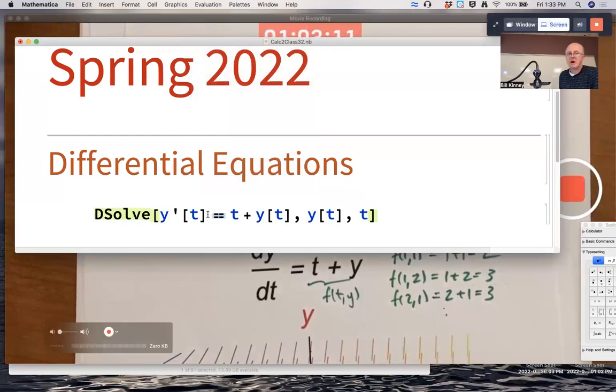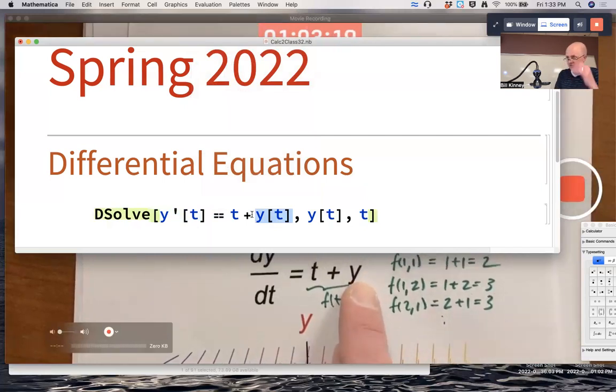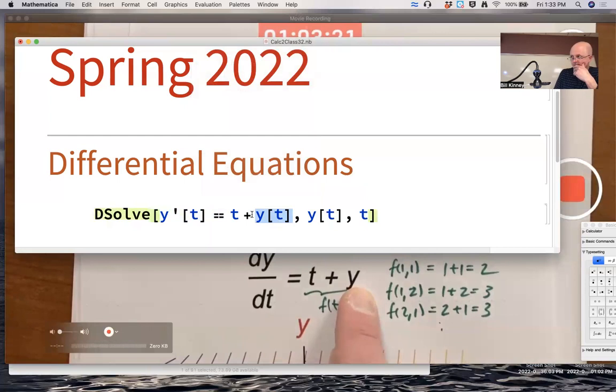You do need these square bracket t's both here and actually here as well in Mathematica, in spite of the fact that we did not put of t there. Mathematica needs to explicitly be instructed to know that y does depend on t.